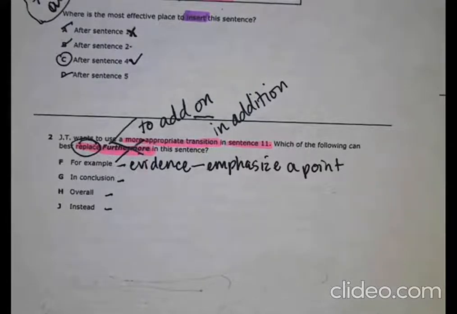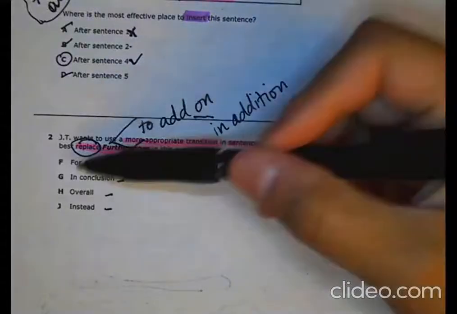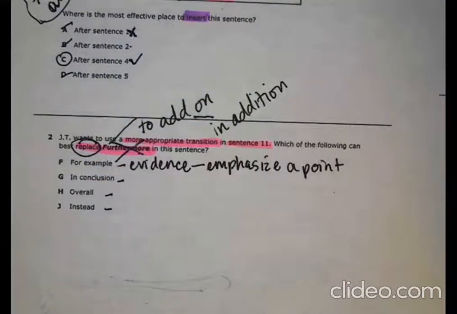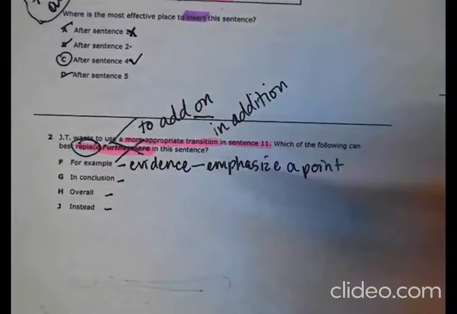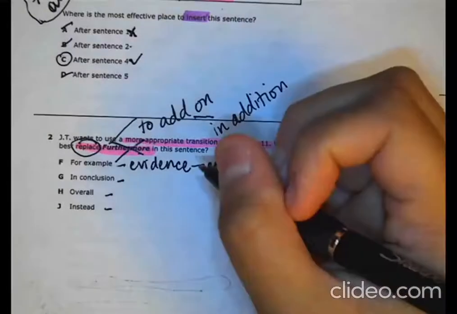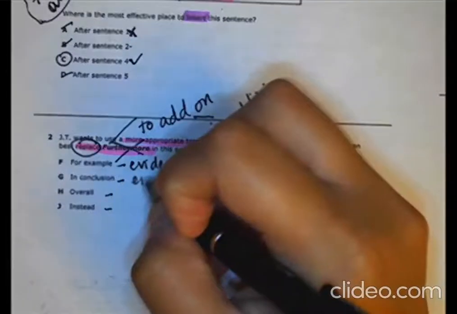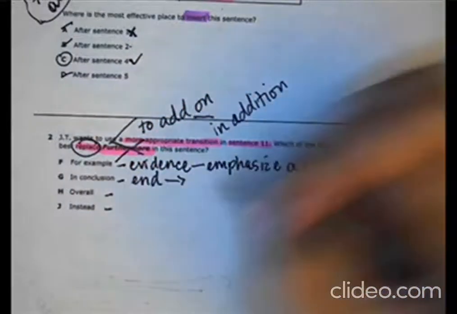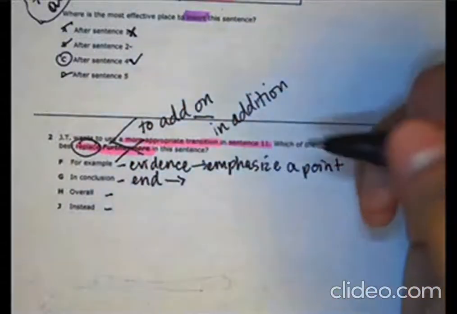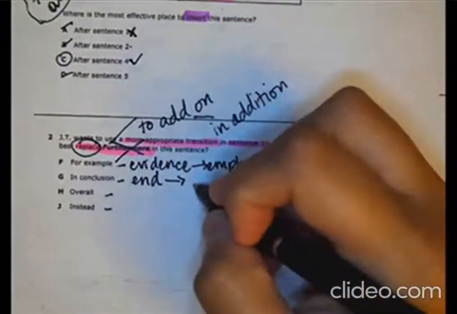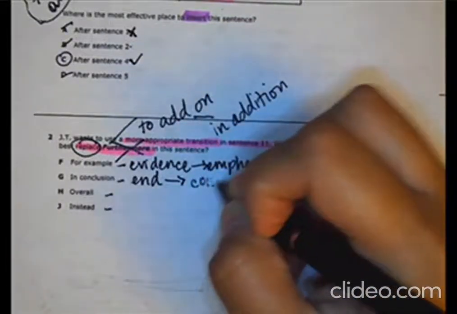So let's look at the next one. In conclusion is, maybe I've heard students tell me, when they use it at the end, usually in the conclusion, the last paragraph.